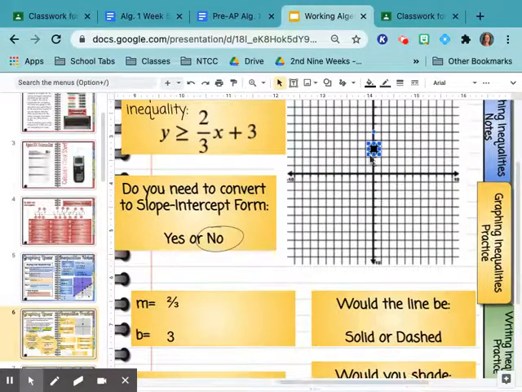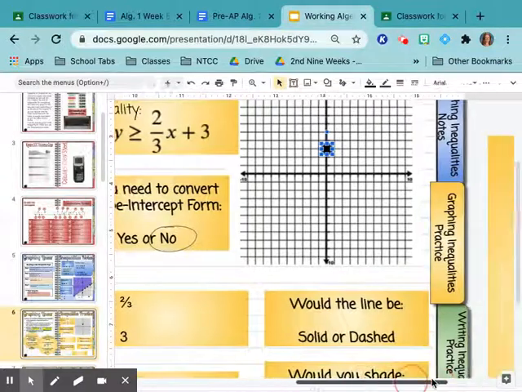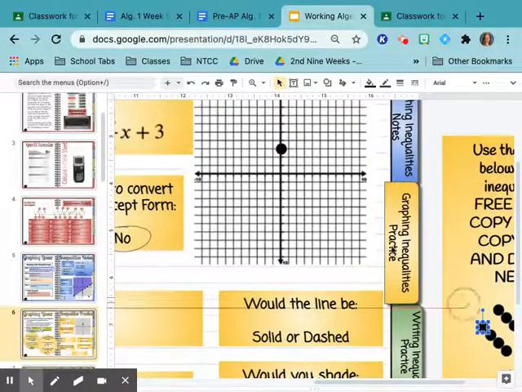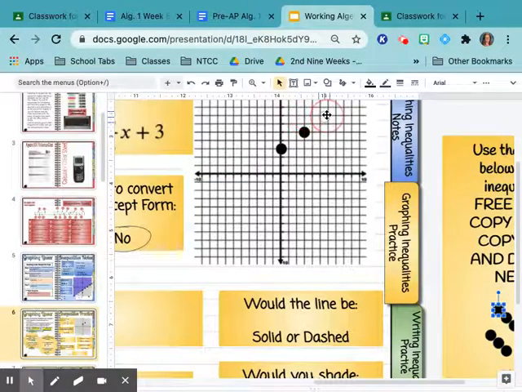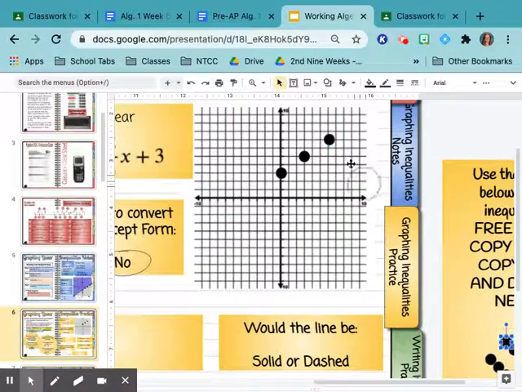All right, so we have a point at positive 3 then. Then we go up 2 over 3. Up 2 over 3, and then do it again, up 2 over 3, and then again, up 2 over 3.